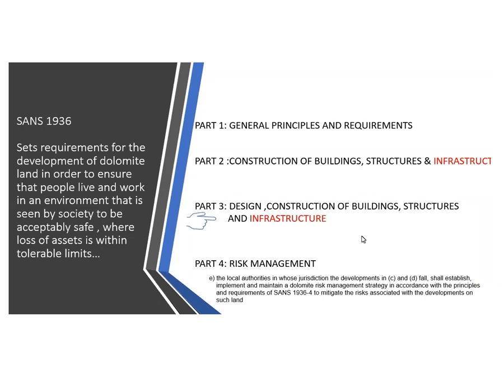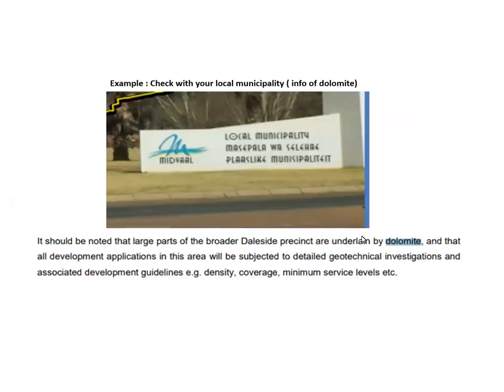So I live in an area that's not classified as dolomite. A few kilometers away from me, there's another municipality, and they have dolomitic land. If I've got a building or a house that I want to build, and I need more information as to what I can and can't do, I really encourage you to engage with your local council on whether the area has any dolomite or special requirements.